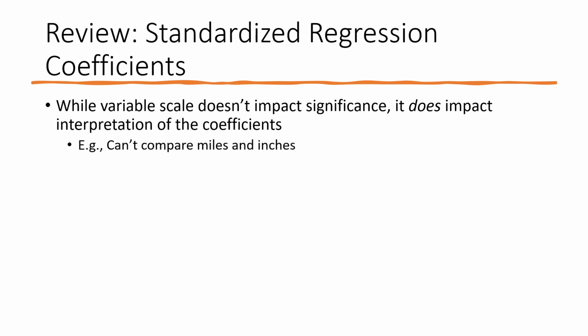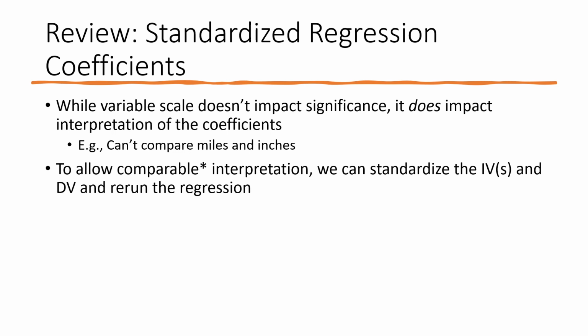So if I were including an independent variable of miles versus including an independent variable of inches, assuming these are talking about the same measurements, just changing the scale doesn't impact the conclusion of statistical significance of this term, distance. Our statistical significance tests are elegant enough that they would declare both of these significant or insignificant based on other factors. However, it does impact how we interpret those coefficients.